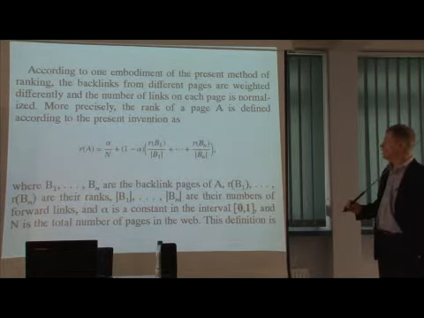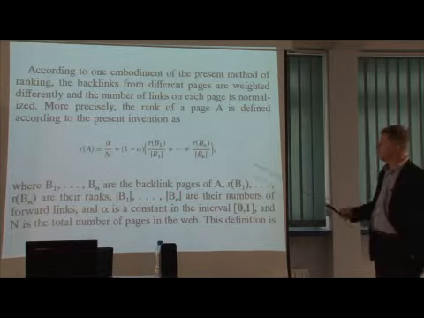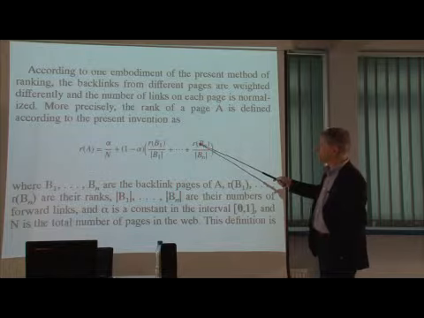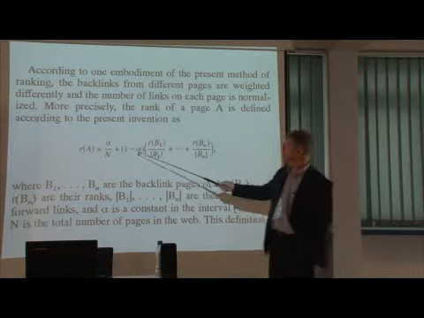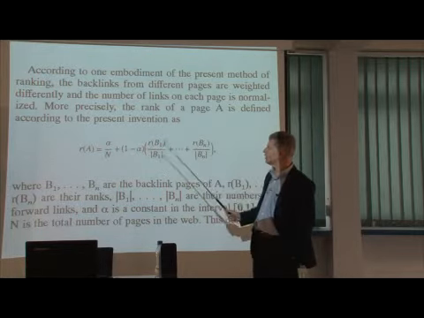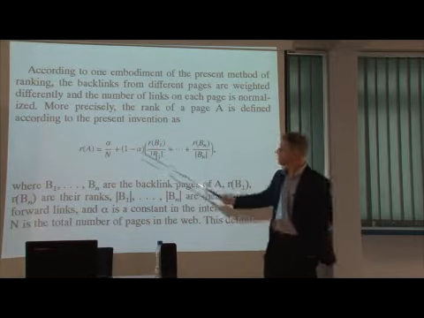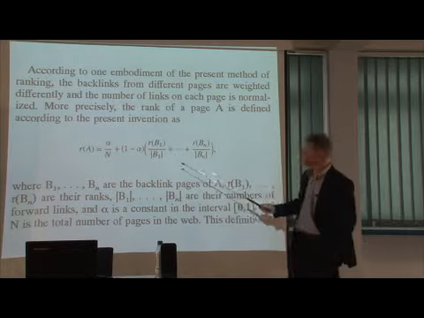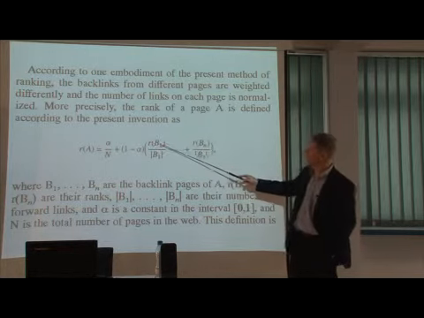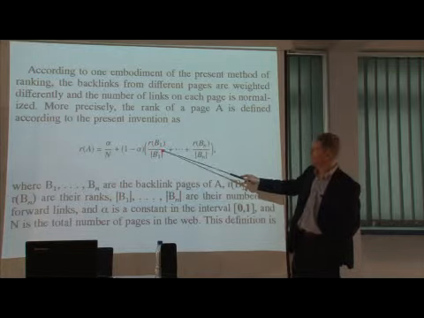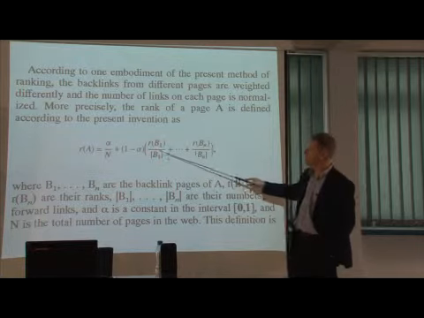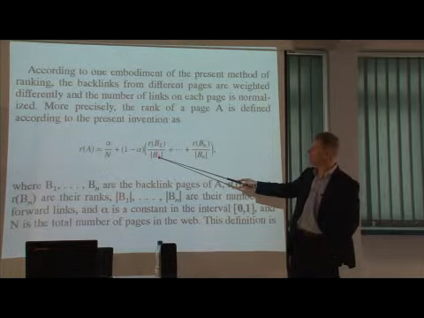So these are the ranks of the pages that link to A. And what do we do? Essentially what the formula says is the following. Let's ignore alpha for a second, but it says to get the rank of A, get the current rank of B and divide all the credits by the number of links that B has.